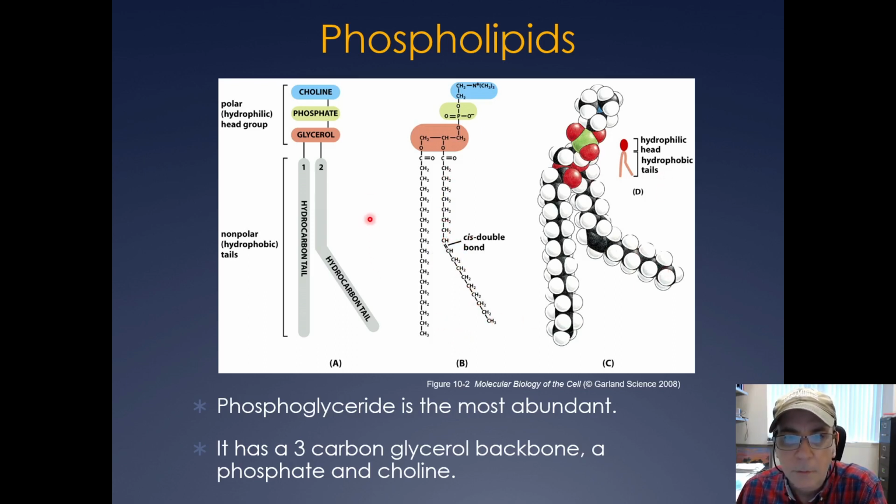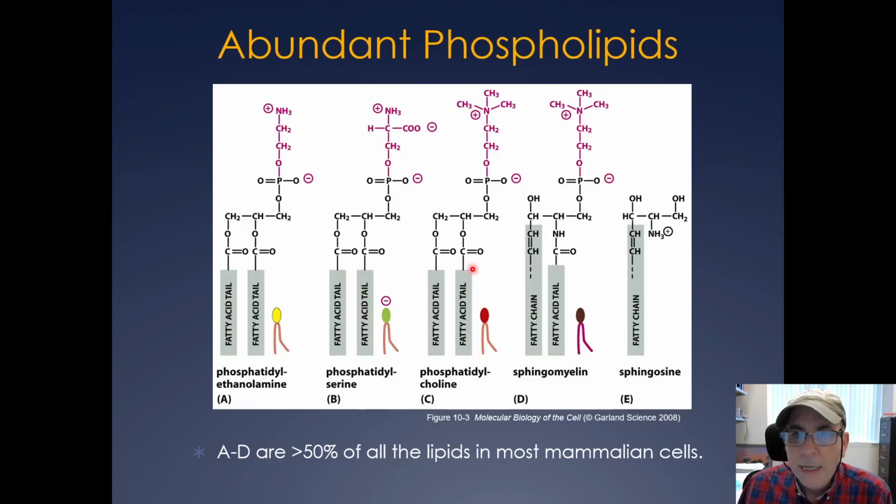One of the things you do need to know is that most phospholipids have this 3-carbon glycerol backbone, and in the case of phosphoglyceride, you have the phosphate and also the choline group. Here's an image of some abundant phospholipids.